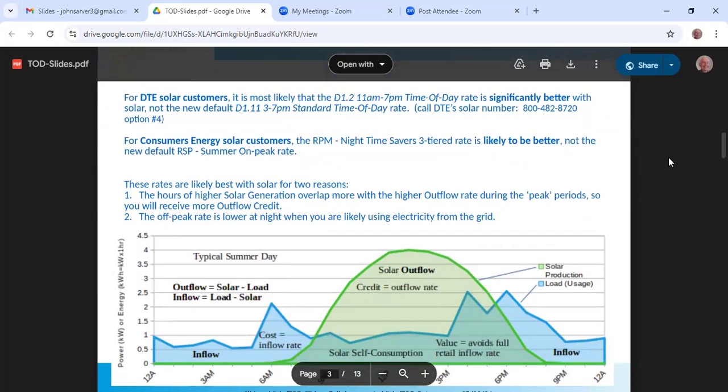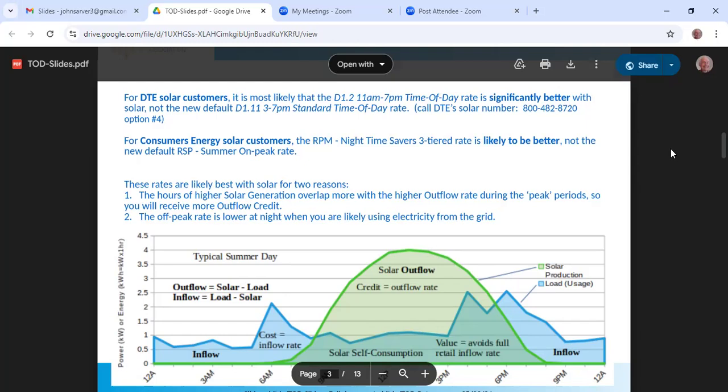So for consumers, for DTE, it's relatively significantly better to be on D1.2 because you get a better rate for any outflow that you have, and you get a better rate for any inflow you have off peak at night.